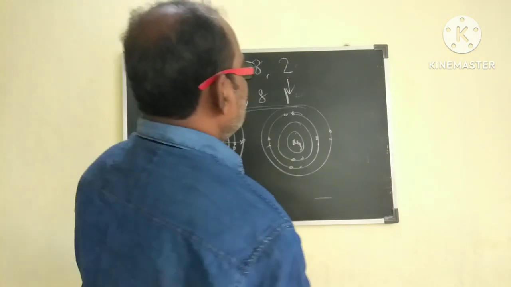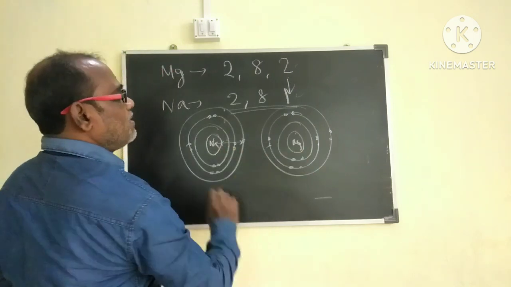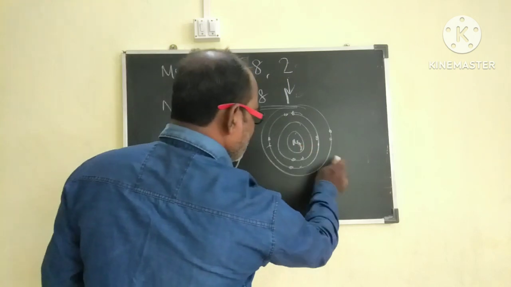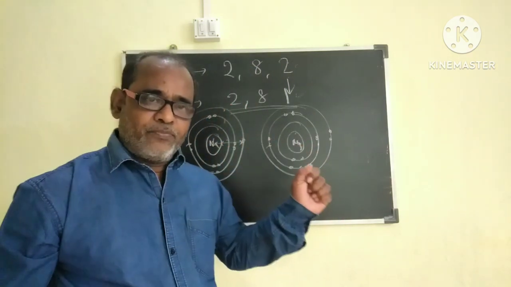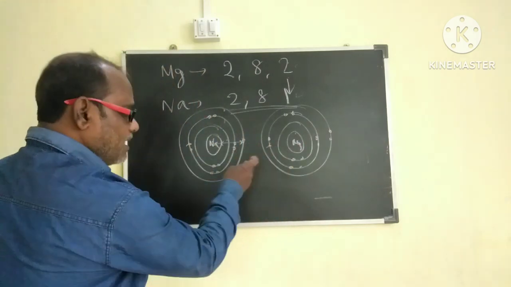Now see here, both have the same number of shells. But in magnesium, the nuclear charge is greater than the nuclear charge in sodium. So what happens here? The number of electrons is more here than this.